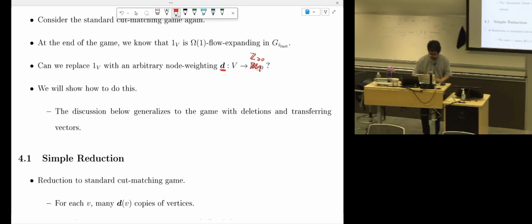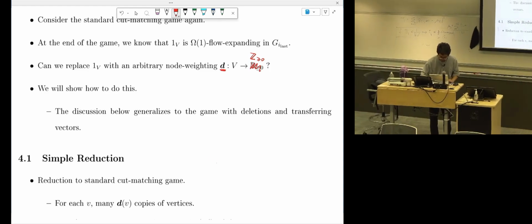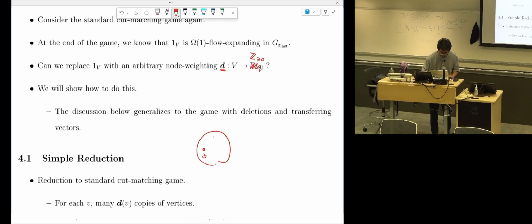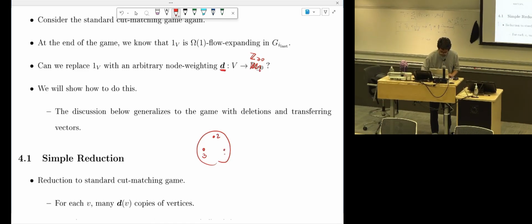So if D is like 3, 2, and 1, then we just make this kind of cluster of vertices like this.